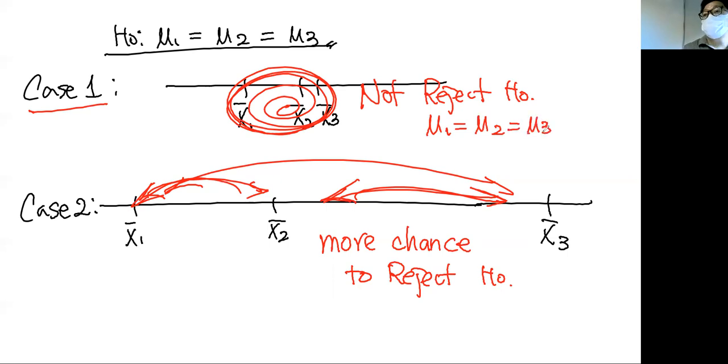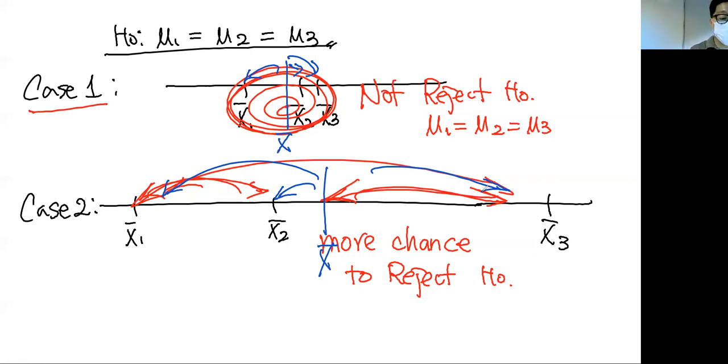So Fisher thought it's not the difference, but the variance. Okay, so when we take the variance from the overall mean, right? Which one has the bigger variance?